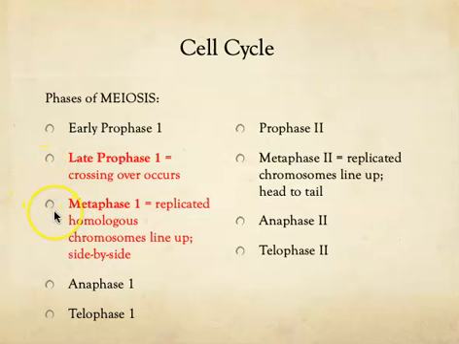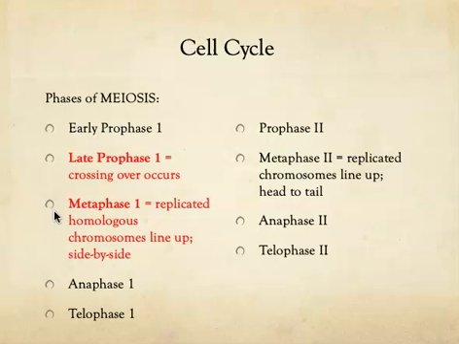Next comes metaphase 1. And just like the metaphase we see during mitosis, during metaphase 1, chromosomes are going to move to the center of the cell, and they are going to line up. What makes metaphase 1 different from what we see in mitosis is that we're going to see homologous pairs of chromosomes line up. So we won't see a head-to-toe arrangement, we'll see a side-by-side arrangement.